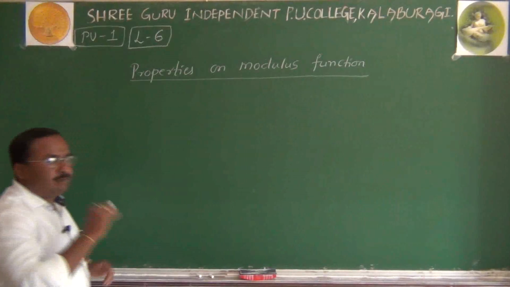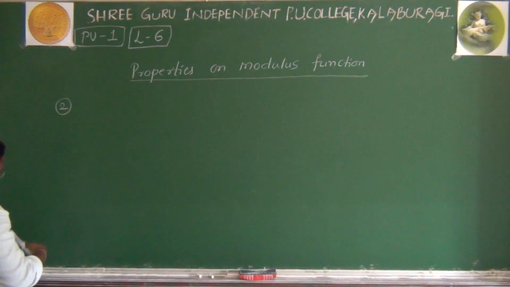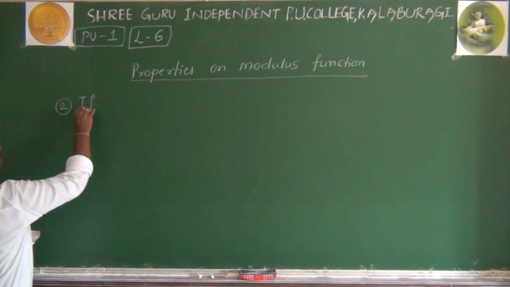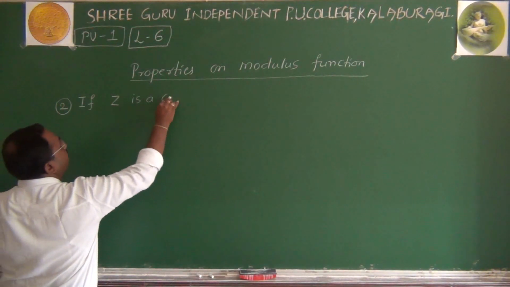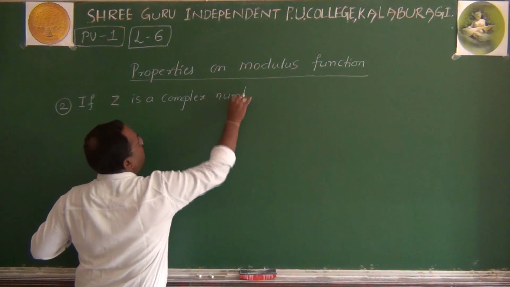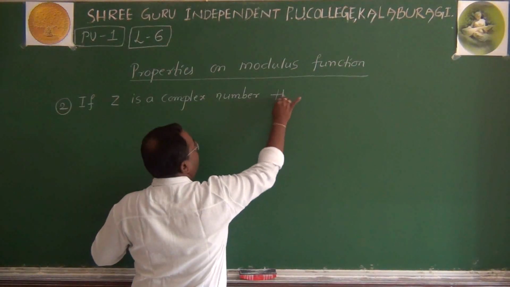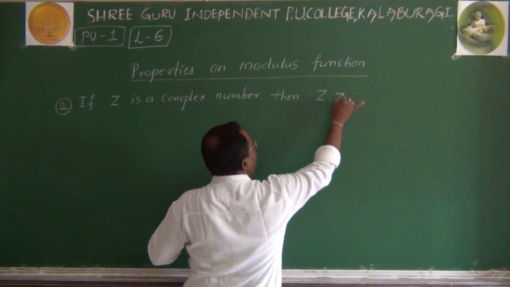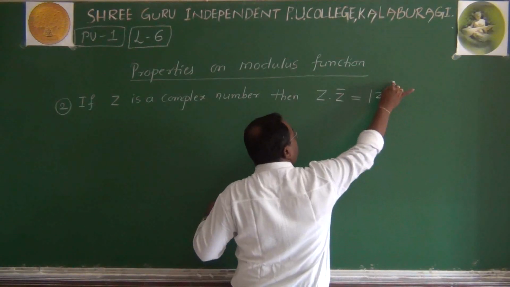Next, property number 2. Second property: if Z is a complex number, then Z into Z bar is equal to modulus of Z whole square.